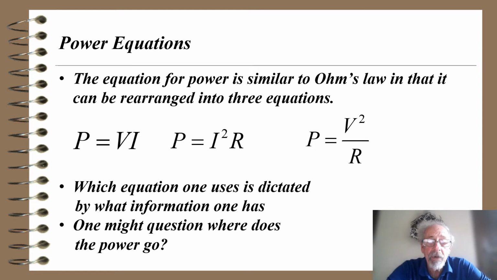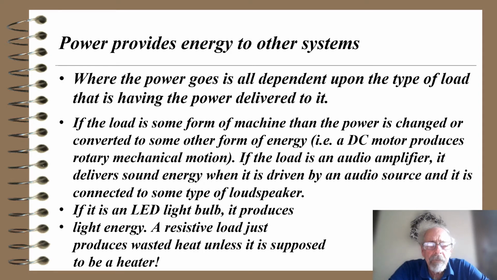One might question, where does the power go in an electric circuit? So power provides energy to other systems. Where the power goes is all dependent upon the type of load that is having the power delivered to it. So here I talk about this. If the load is some form of machine, then the power is converted to some other form of energy, i.e., a DC motor produces rotary mechanical motion.